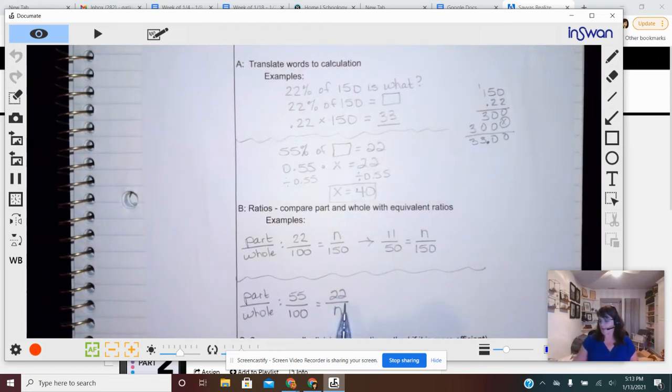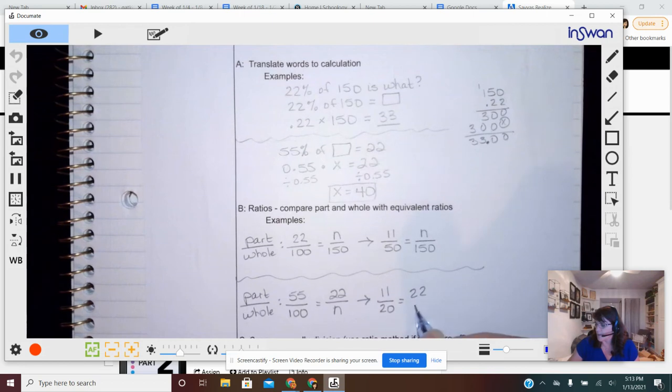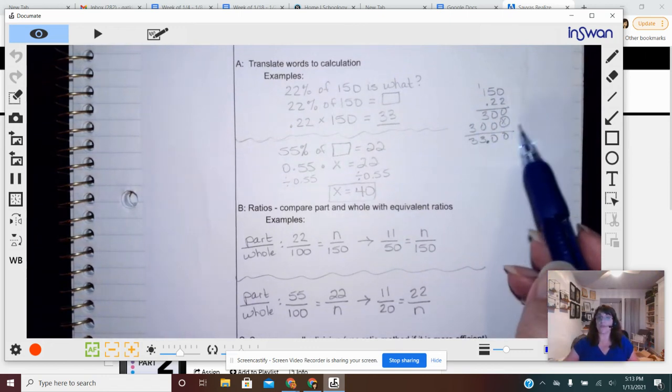When I look at this ratio, I see a 55 and I see a 22 and I think, ooh, I could find an 11 in there that's good to work with. If I divide this by 5, I get 11. If I divide this by 5, I get 20. See how knowing your equivalent ratios can save you from long division, tedious multiplication.